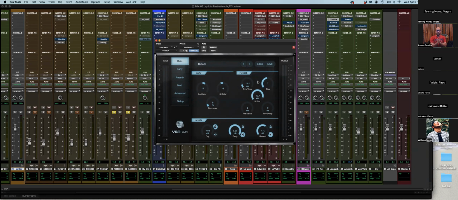You're hearing his voice almost dry, and then later the verb, but the drums are going to sound wet because they are so embedded in the room that you hear the drums and the room reflecting almost at the same time. Does that help create the picture?